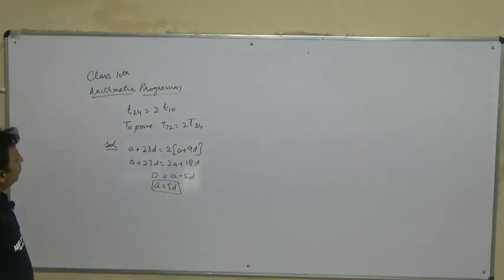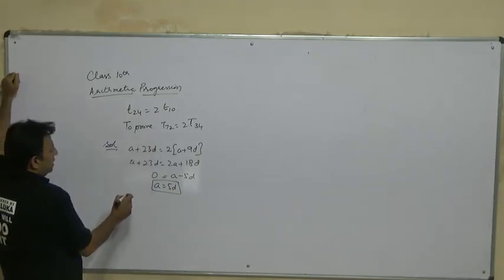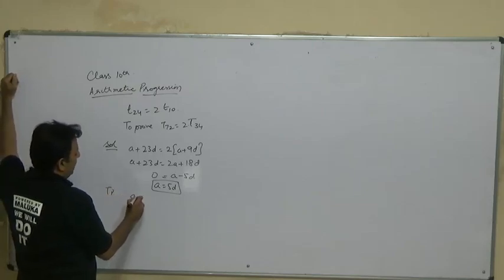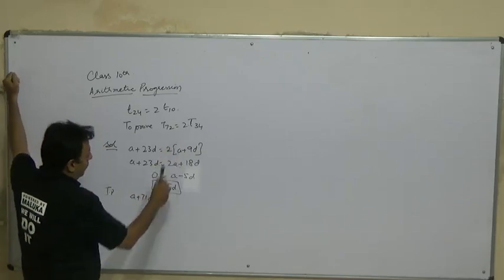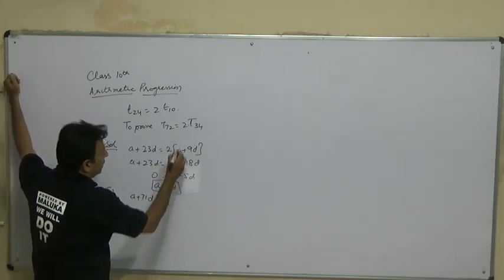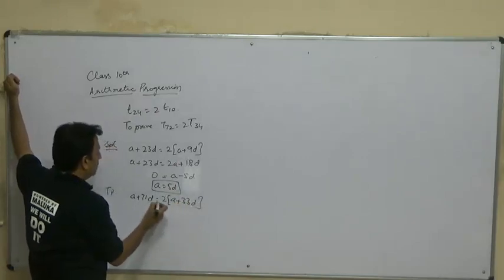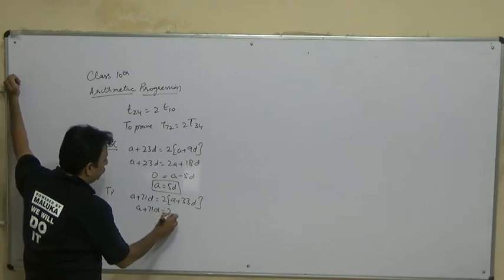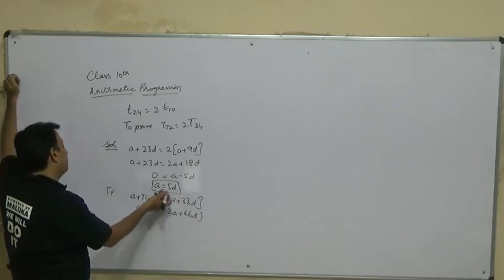Now what we want to prove? We want to prove that the 72nd term, a plus 71d, is equal to twice the 34th term, a plus 33d. So what we can write? A plus 71d is equal to 2a plus 66d. So you can put a for 5d.